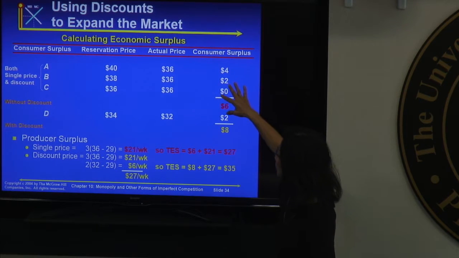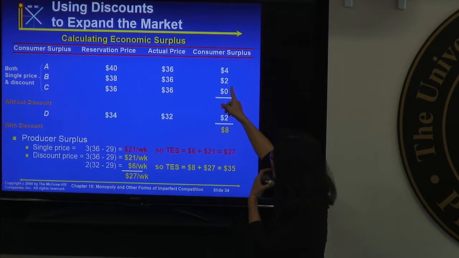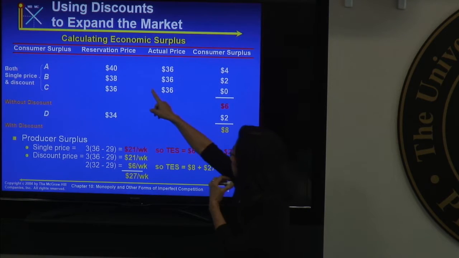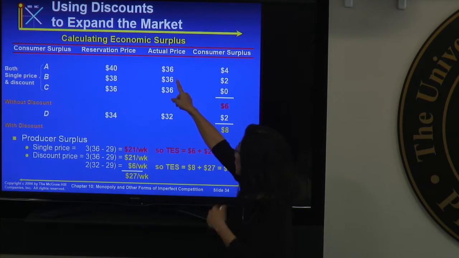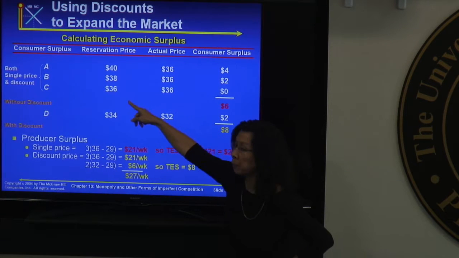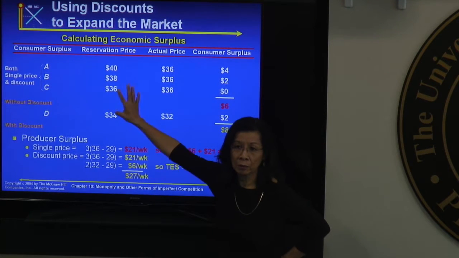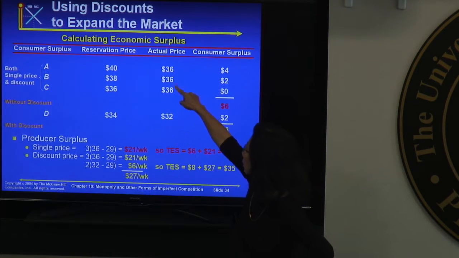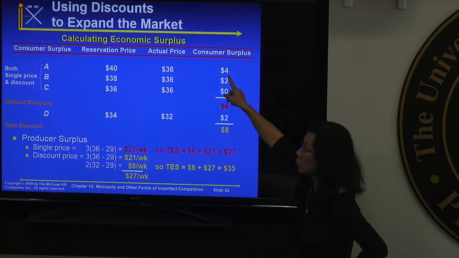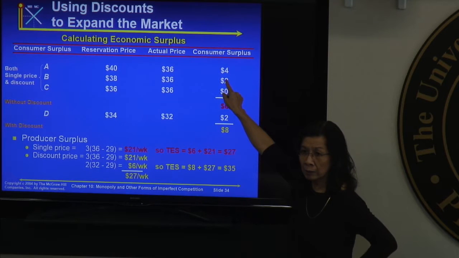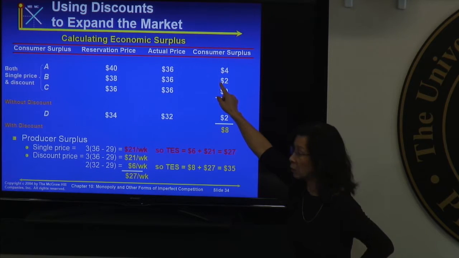The consumer surplus, how do we get that? We get that from $40 being the reservation price, but since we charge them 36, remember you have to charge a lower price in order to get all 3. So for the first guy, student A, you extract $4 out of him as consumer surplus.